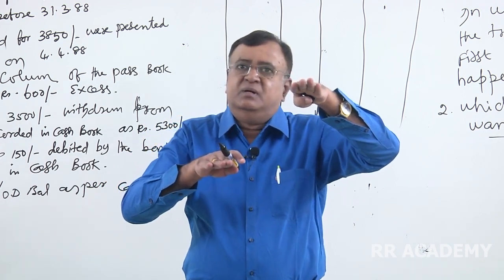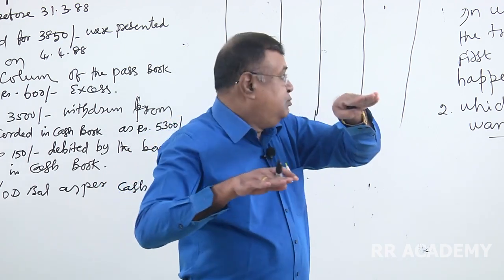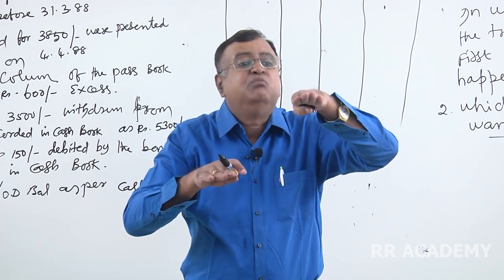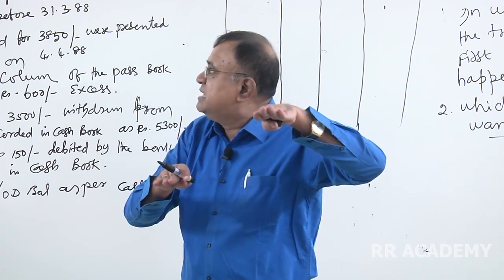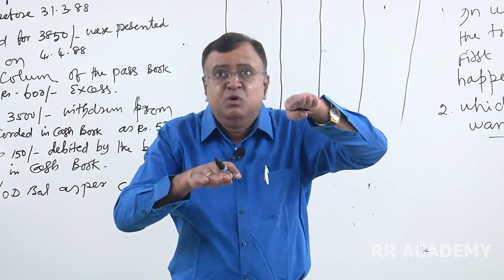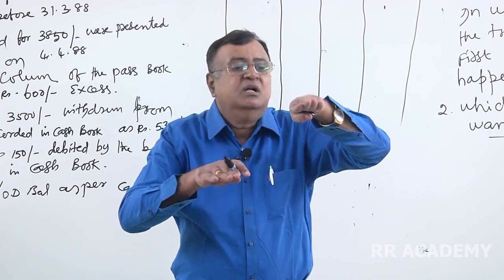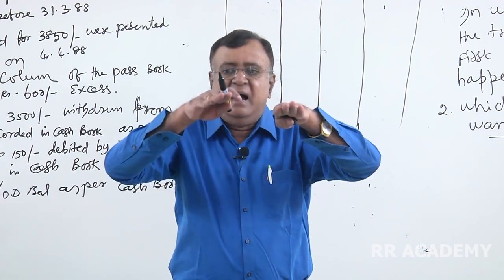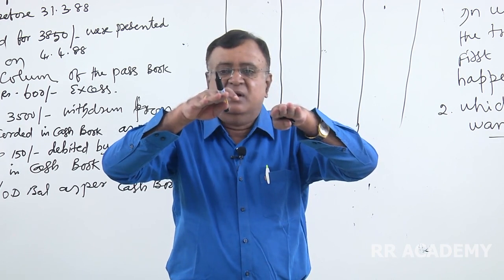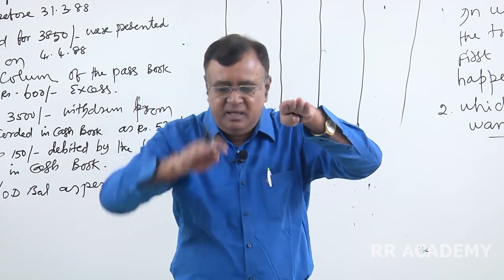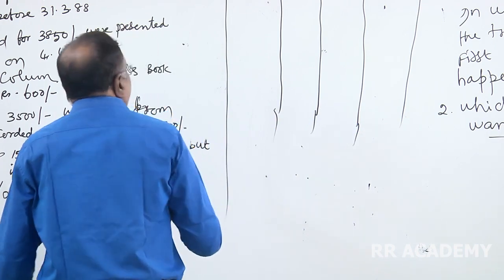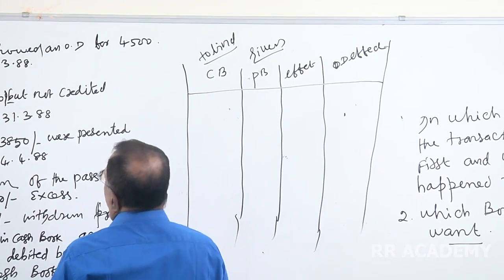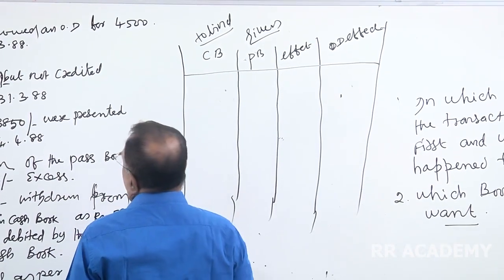Second question. Which book balance do you want? You want cash book balance. See, passbook is given. Therefore, if you want cash book balance, what should we do? Add. Passbook is given. Add, because overdraft, less. See friends here. Now, check deposited first will appear in cash book.